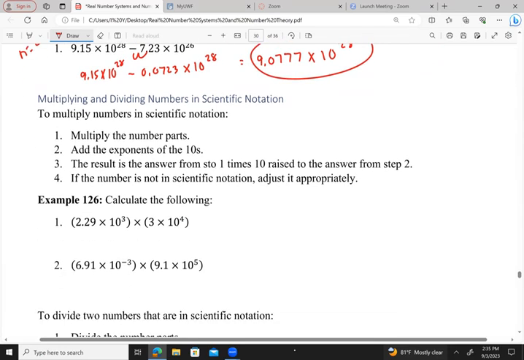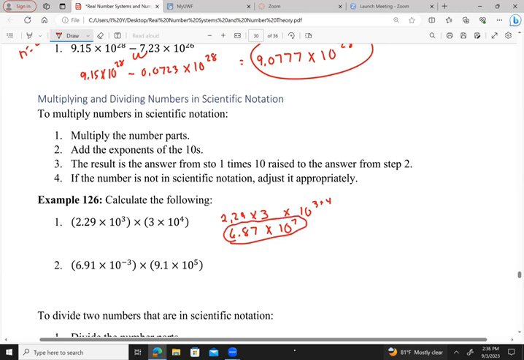So here I take 2.29 times 3 and times 10 to the 3 plus 4. So 2.29 times 3 is 6.87 times 10 to the 7th.